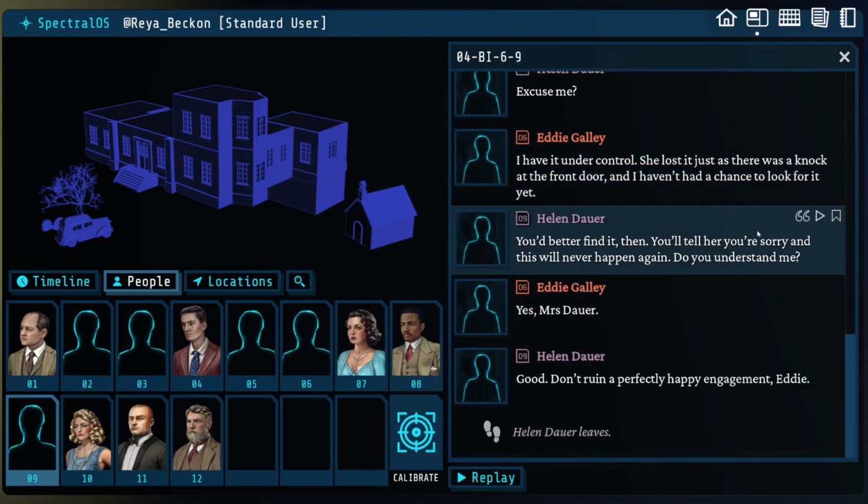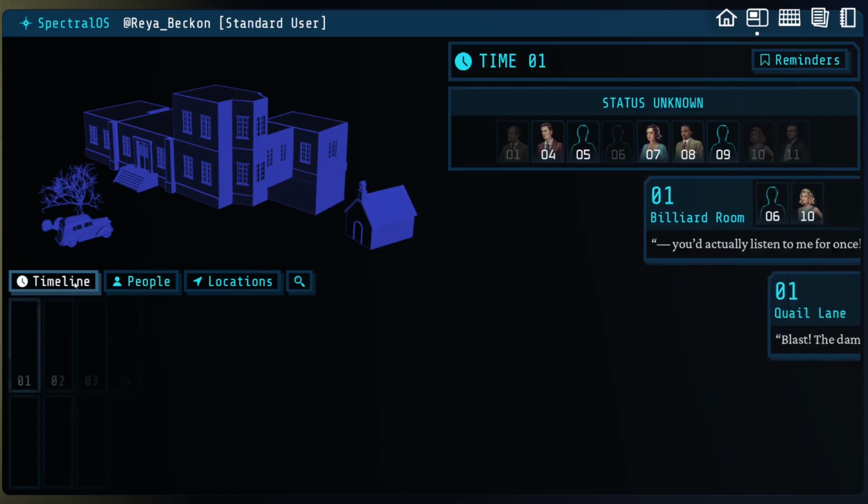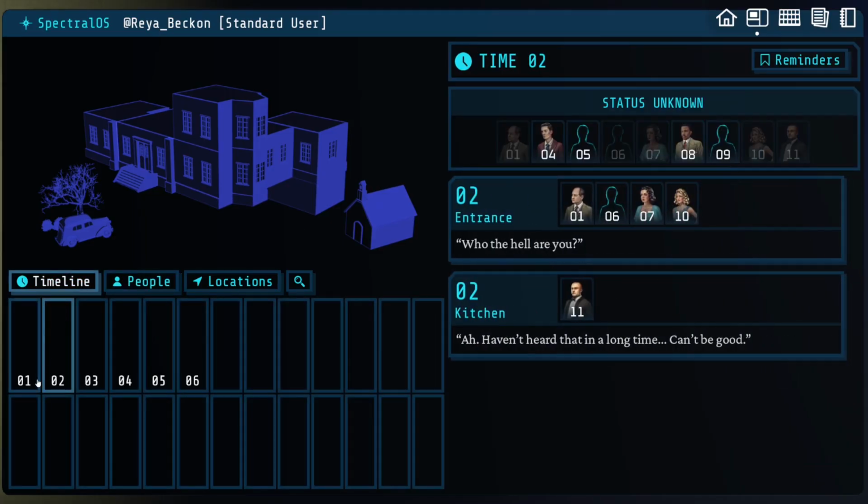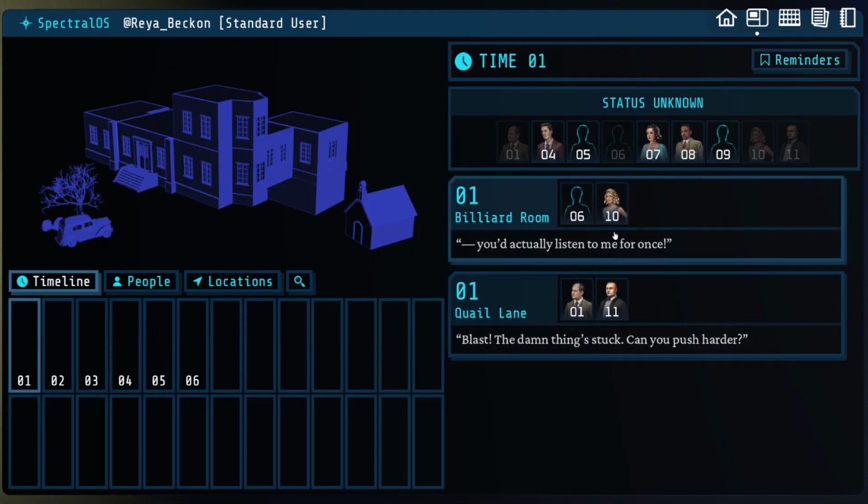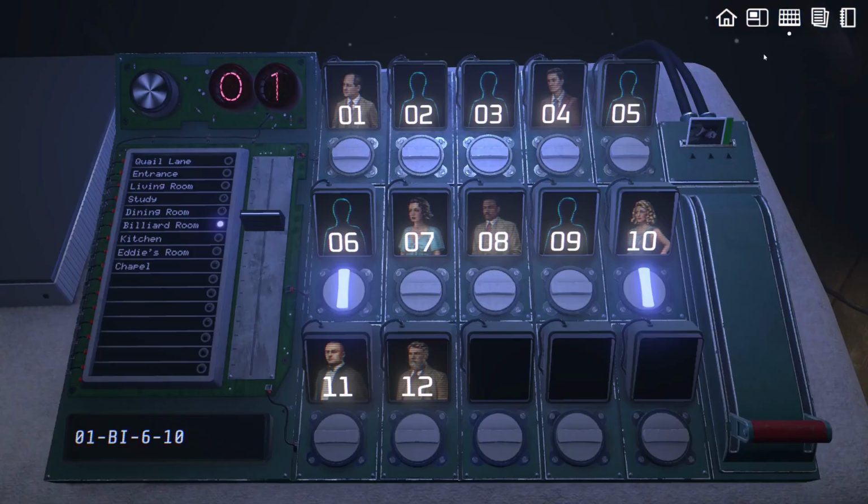Okay. Do we know that after they were here... No. After they were here, they went to the entrance. But where were the others in this time? So, in the living room there is music.